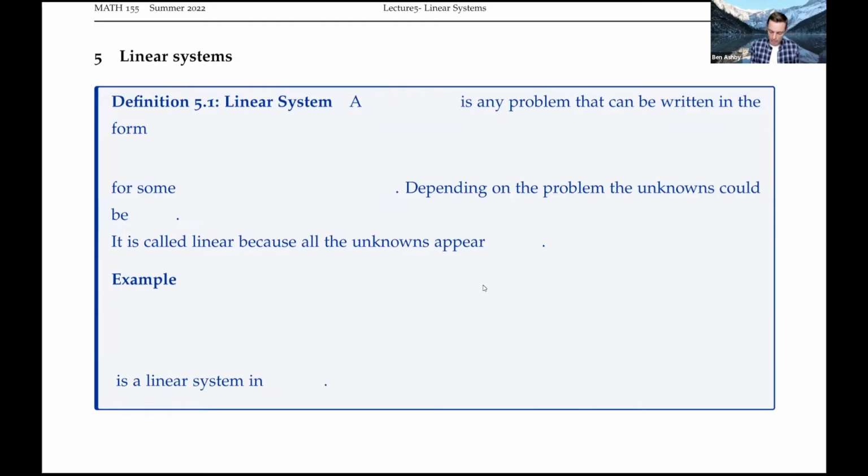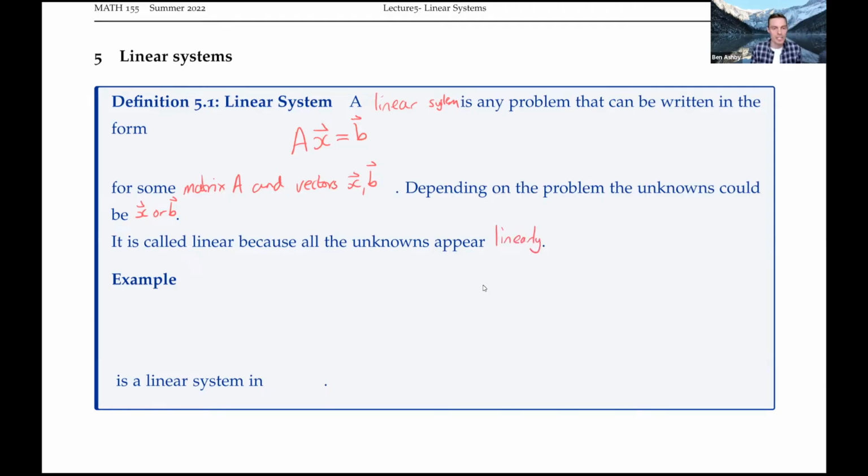Okay, so we say that a linear system is any problem that can be written in the form AX is equal to B for some matrix A and vectors X and B. And depending on what type of problem we're trying to solve, our unknowns could be in our vector X, or in our vector B. And we say that this is a linear problem because all of the unknowns in our vectors X or B, depending on the type of problem we're solving, appear linearly.